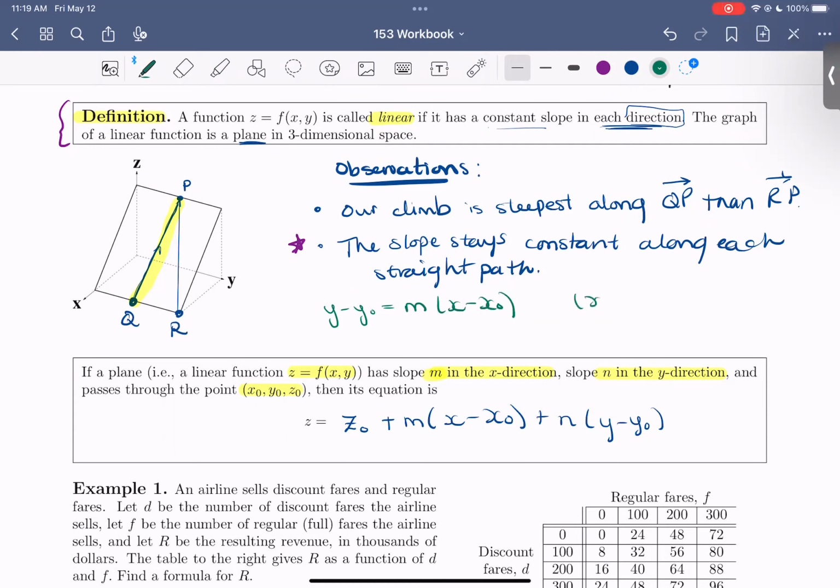So here recall x naught, y naught is a point on the line, and m is the slope of the line. So again, this is called the point slope form of a line. So notice what we can do with this formula. Well, if we add y naught to both sides, then we get y is equal to y naught plus m times x minus x naught.